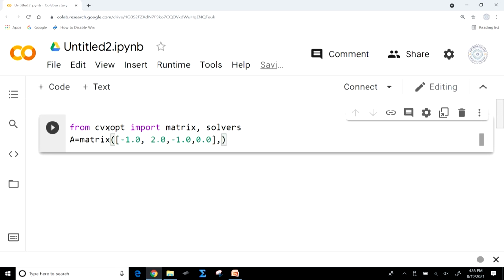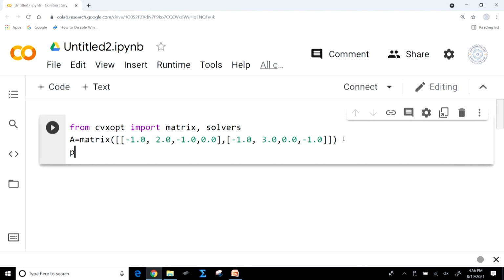The second column is -1.0, then 3.0, then 0.0, then -1.0, written in brackets in matrix form. If you want to see this matrix, you can print A, and print A will give this matrix.